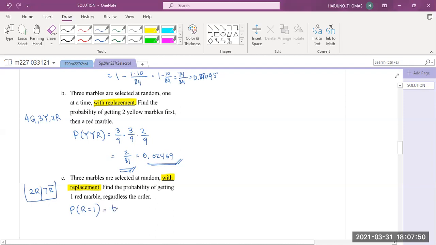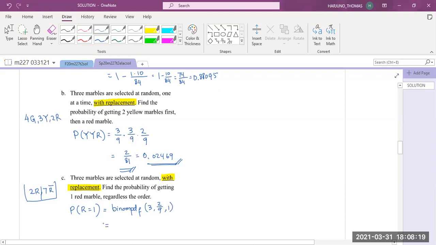That would be binomPDF. The number of trials is 3. The probability of getting a red for each trial is 2/9. How do you get that 2/9? There are only 2 reds out of 9 marbles. And then you need 1 here.